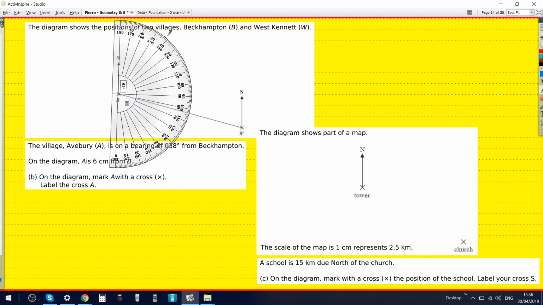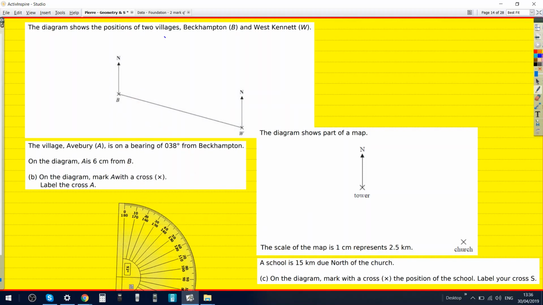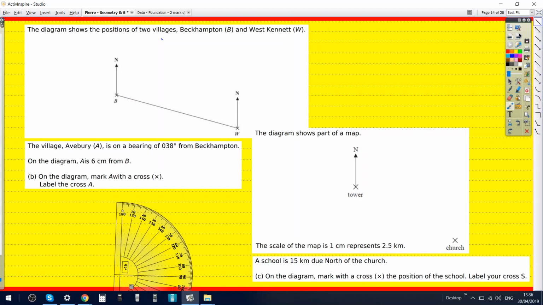So it's there. So we move that. So we know it's somewhere along there. So it's on that bearing. And then it says A is 6 centimeters from B.